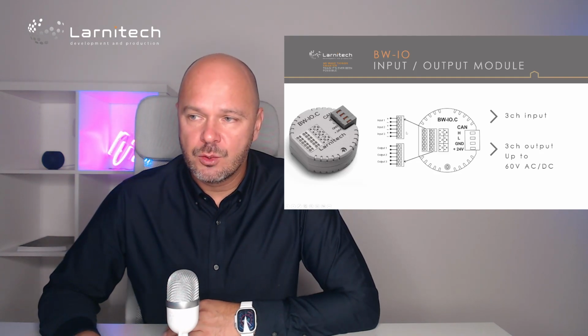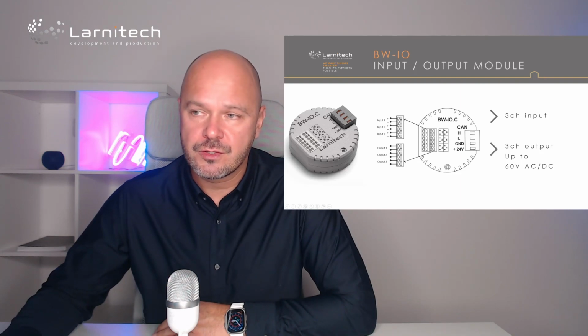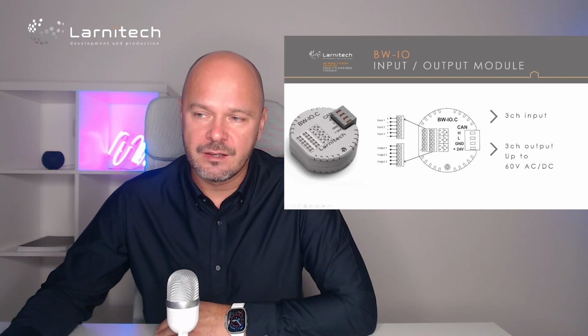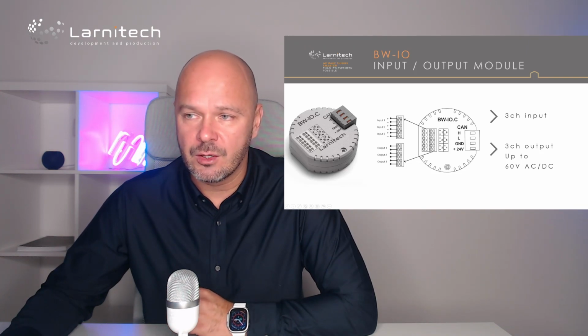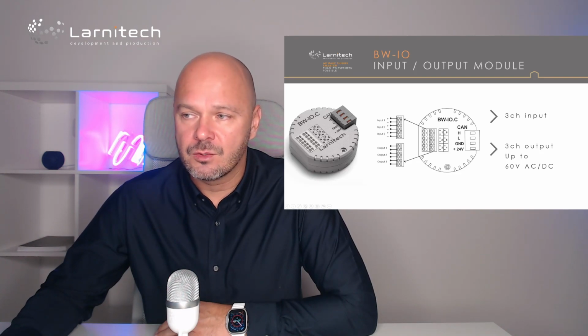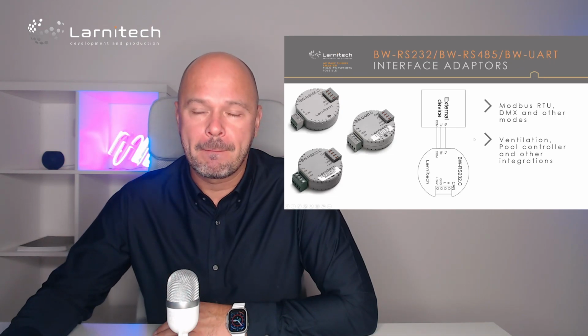This device gives you 3 inputs and 3 outputs for different voltage, so you can have up to, I think, 60 volts of AC/DC on inputs and on outputs. So sometimes you need it to integrate third-party devices.